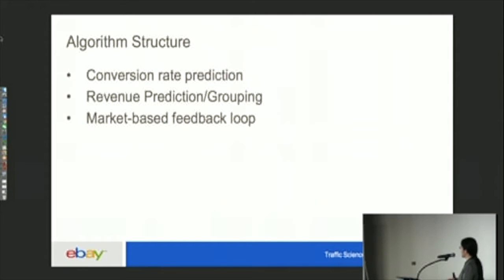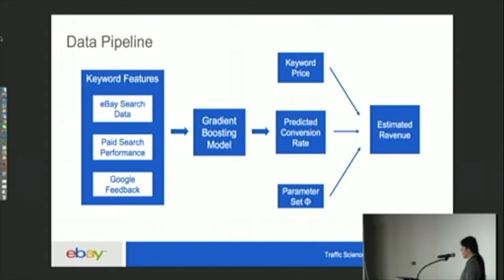Then based on this predicted revenue, we group the keywords into a bunch of groups and use the market-based feedback on group level to adjust the bids on group level. This is the data pipeline.